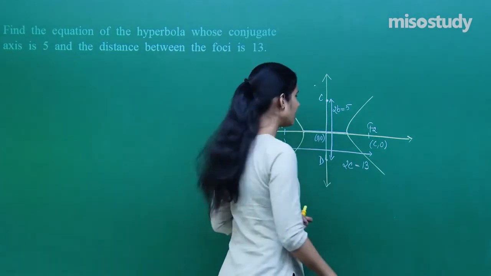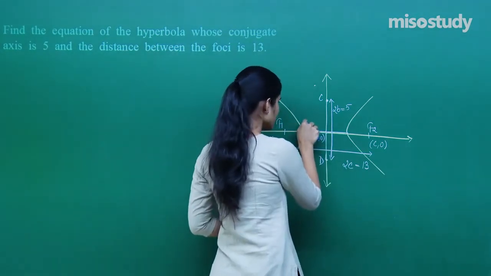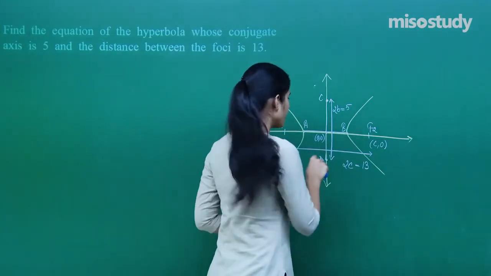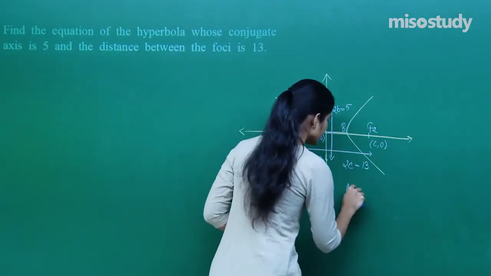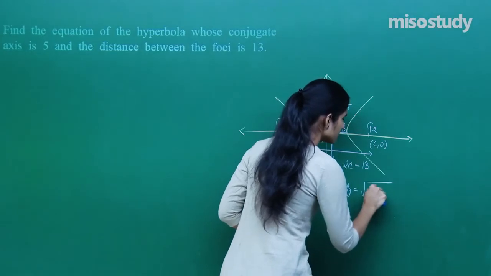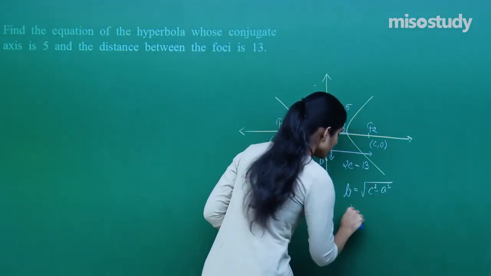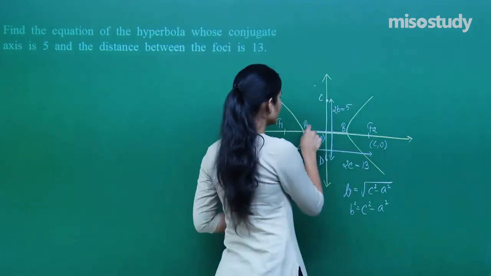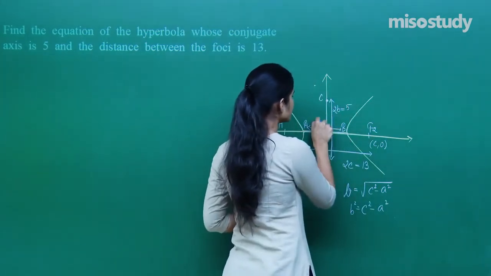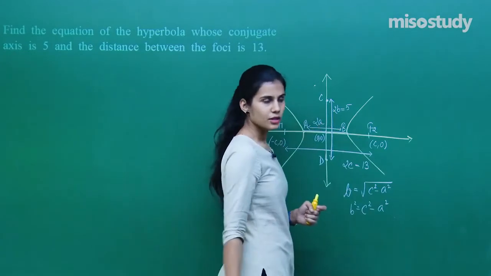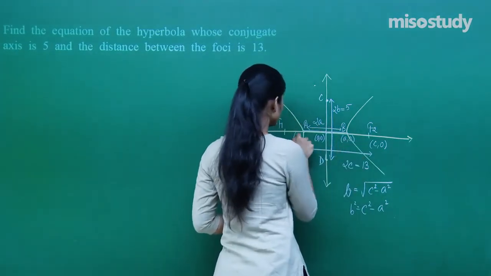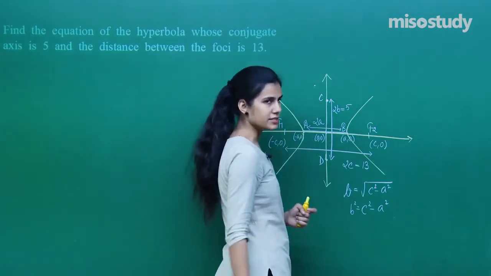If this is my point A and point B, then I know that quantity B is defined to be under root C square minus A square. B square is C square minus A square. What is A square? Because the length of the transverse axis is taken to be 2A. So B has coordinates A comma 0 and A has coordinates minus A comma 0.